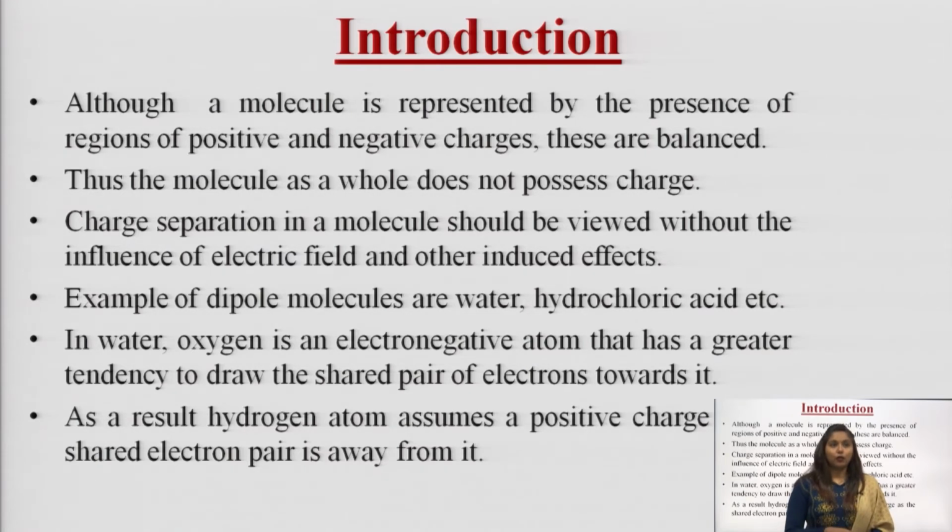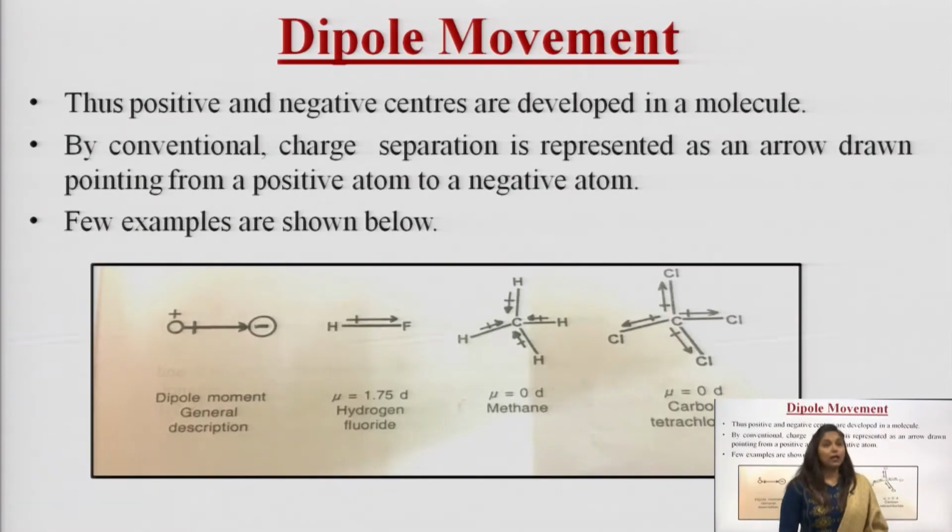ठीक है. तो as a result हाइड्रोजन एटम्स जो हैं वो assume कर लेंगे एक पॉजिटिव चार्ज, as the shared electron pair is always away from it. वो एक इलेक्ट्रॉन पेयर को वहाँ से शेयर कर लेंगे. ठीक है. Thus the positive and negative centers are developed in a molecule. इसी हिसाब से क्या होता है, आपके किसी भी एक मॉलिक्यूल में पॉजिटिव और नेगेटिव सेंटर्स जो हैं वो डेवलप कर जाते हैं.